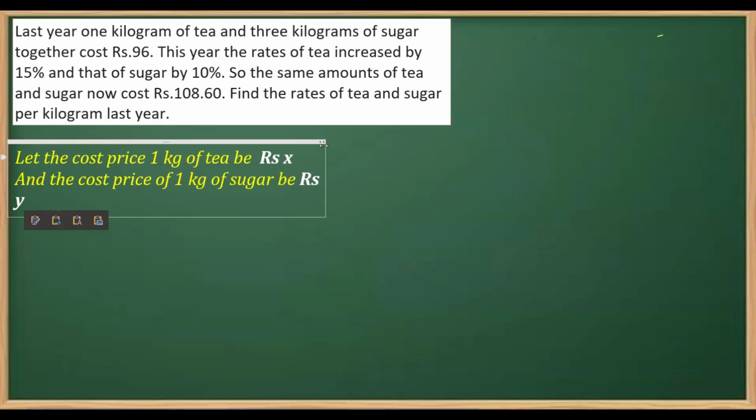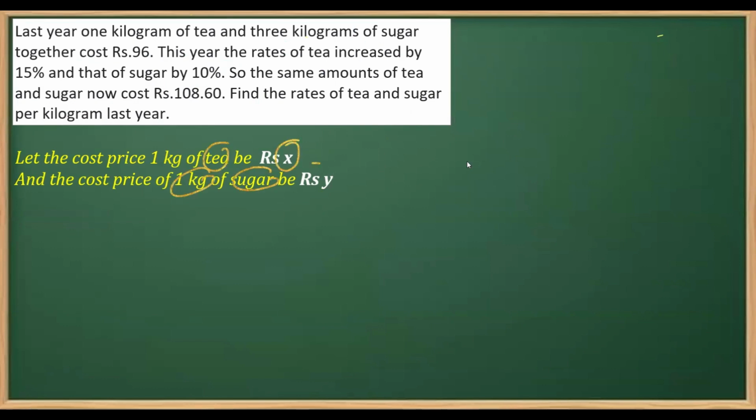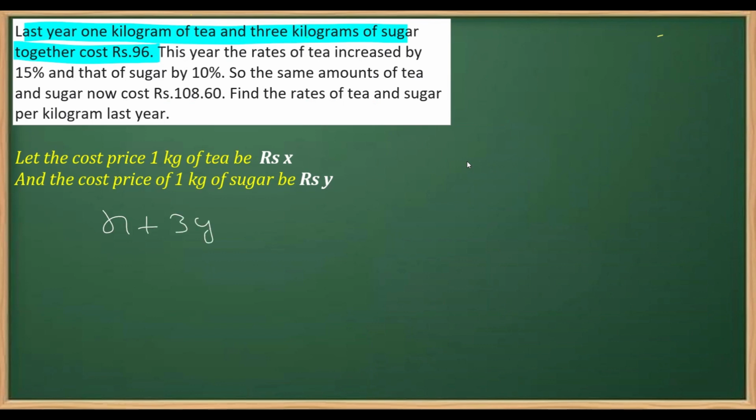So what I'm going to do is take the CP of 1 kg of tea as X and 1 kg of sugar as Y. So now what we can do is, from here, it's very clear that if you read the first statement, we know that the cost of 1 kg of tea and 3 kg of sugar is equal to 96.